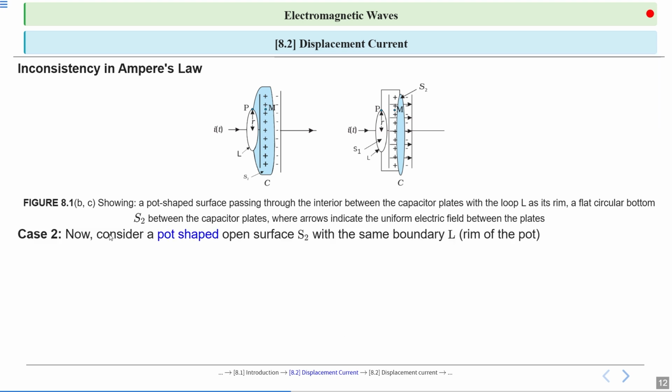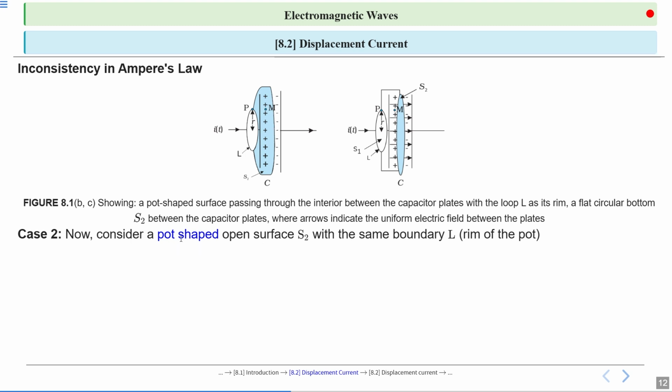Now what is case 2? Case 2 is this. Now consider a pot shaped open surface S2. This open surface is open from one mouth, one side, with the same boundary L. The boundary we are not changing. In the first case we took this loop and a flat surface enclosed by this loop. Now we have not taken a flat surface, we have taken a pot shaped surface whose bottom is lying between the plates of the capacitor.